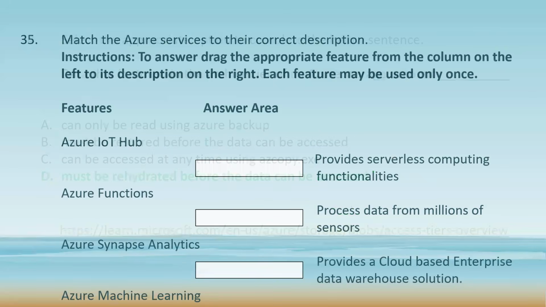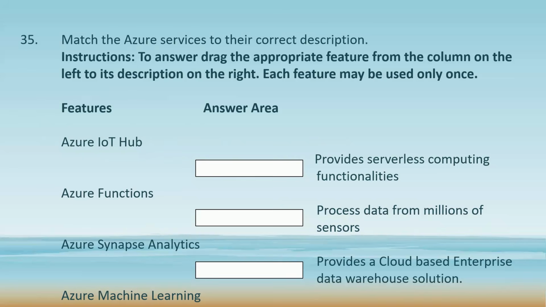Question number 35. Match the Azure services to their correct descriptions. Instructions are: to answer, drag the appropriate feature from the column on the left to its description on its right. Each feature may be used only once. Your options are: in the feature, you have 4 features again: Azure IoT Hub, Azure Functions, Azure Synapse Analytics, Azure Machine Learning.